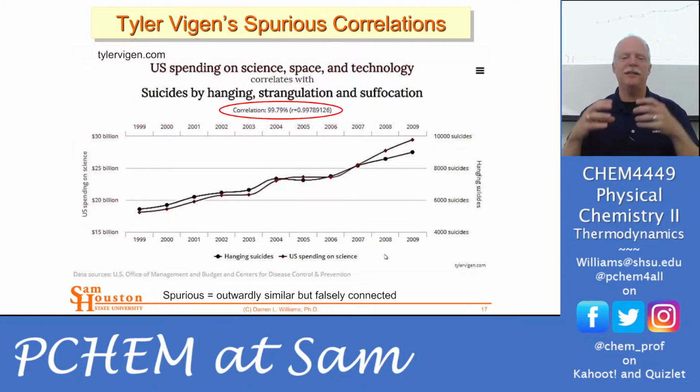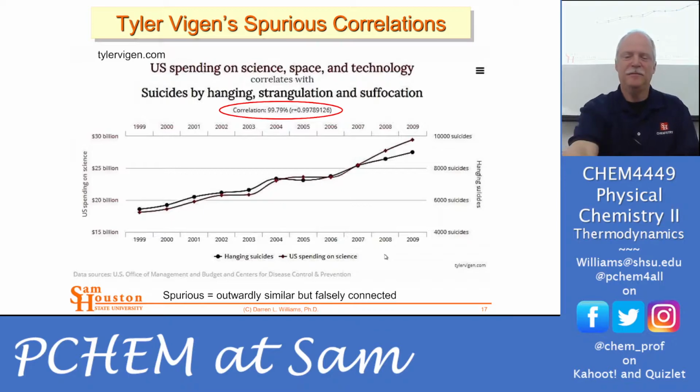So spurious means it's outwardly similar but falsely connected. And so here's the correlation of U.S. spending on space science and technology and suicides by hanging, strangulation, and suffocation. And it's correlated to 99.79%. Isn't that crazy? But are these really connected? Does one cause the other? No. We have no reason to think that there's any kind of connection to those things.